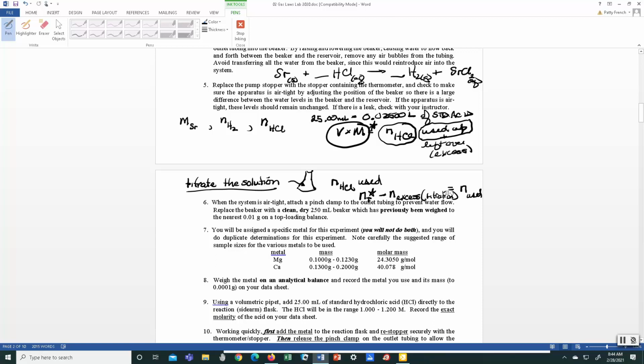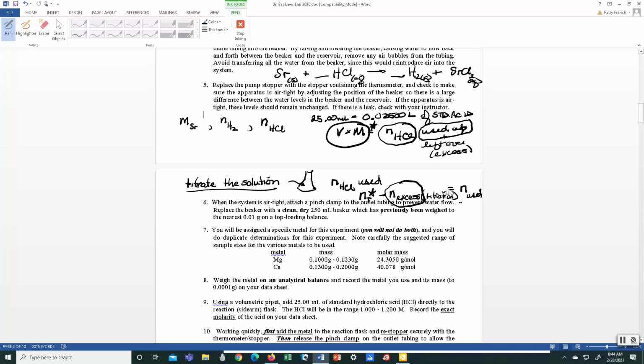So all you're going to have to do is titrate that remaining hydrochloric acid with a standardized base, and you'll find that number of moles of excess hydrochloric acid.